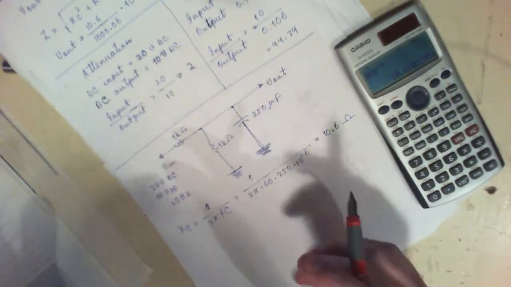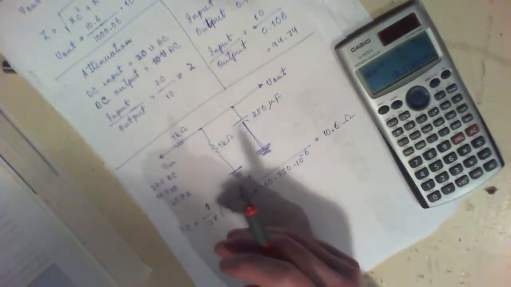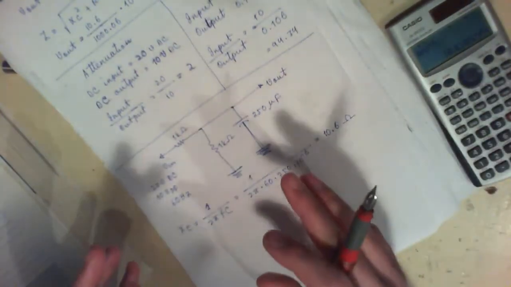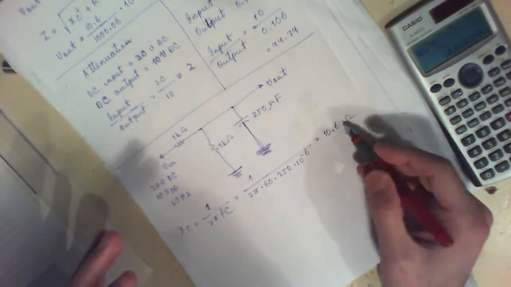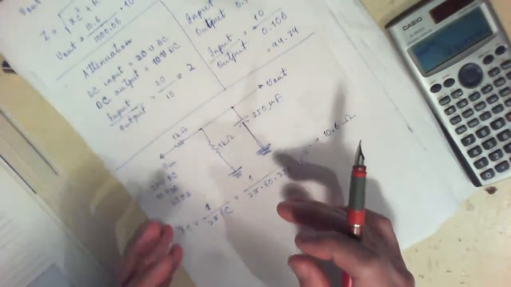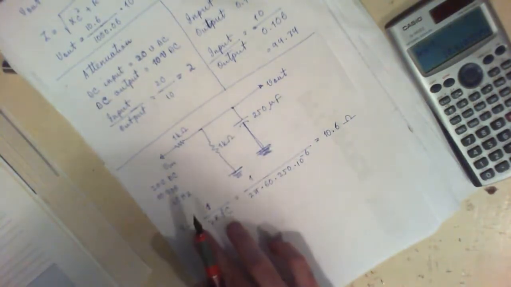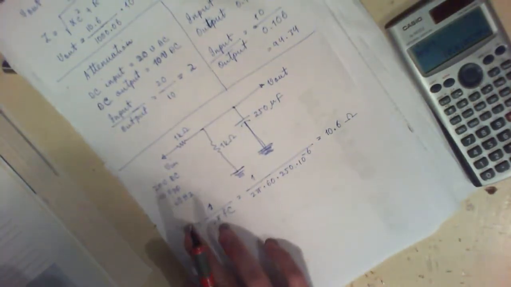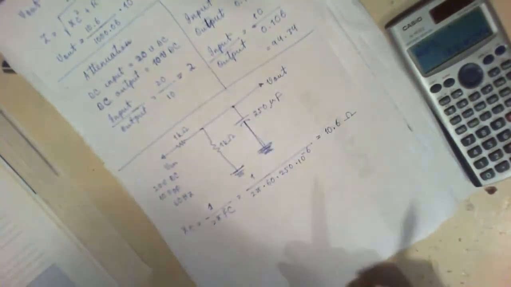So you can actually play with the value of your capacitor and play with the value of your input frequency, and do it in such a way that there is a balance between them, so that the reactance of the capacitor doesn't change much in the circuit.